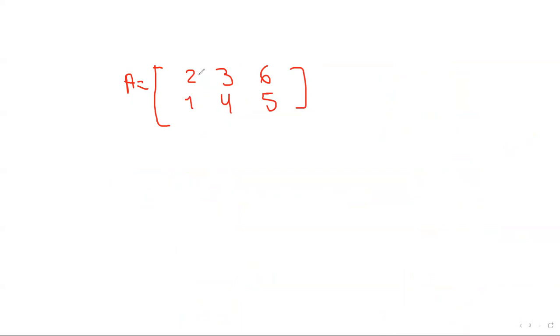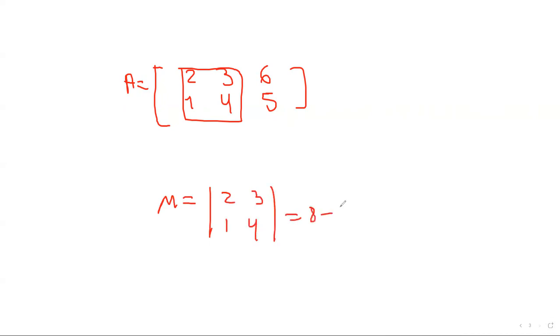Again, we are interested in one minor. We can take any minor, for example this minor here, or this minor here. That depends on our selection. So let's take this minor: 2, 3, 1, 4.